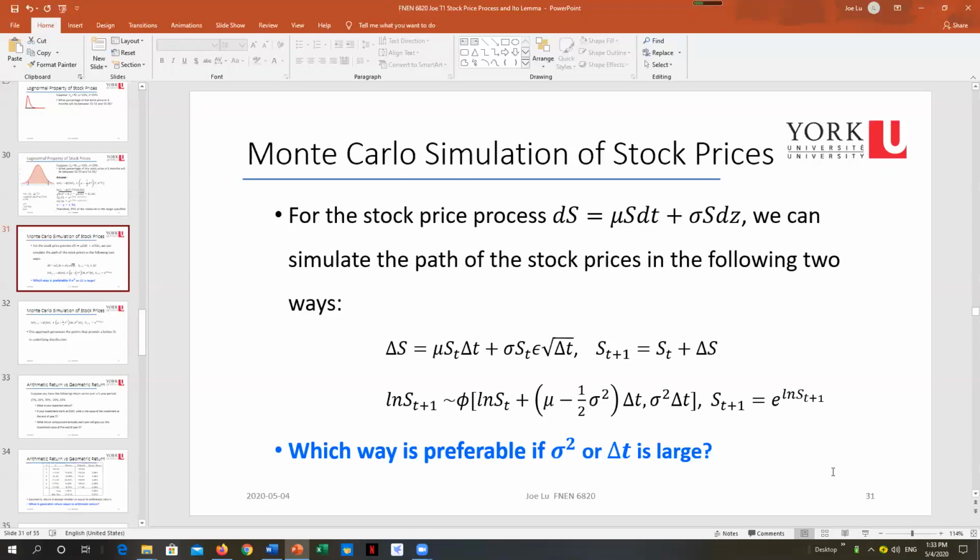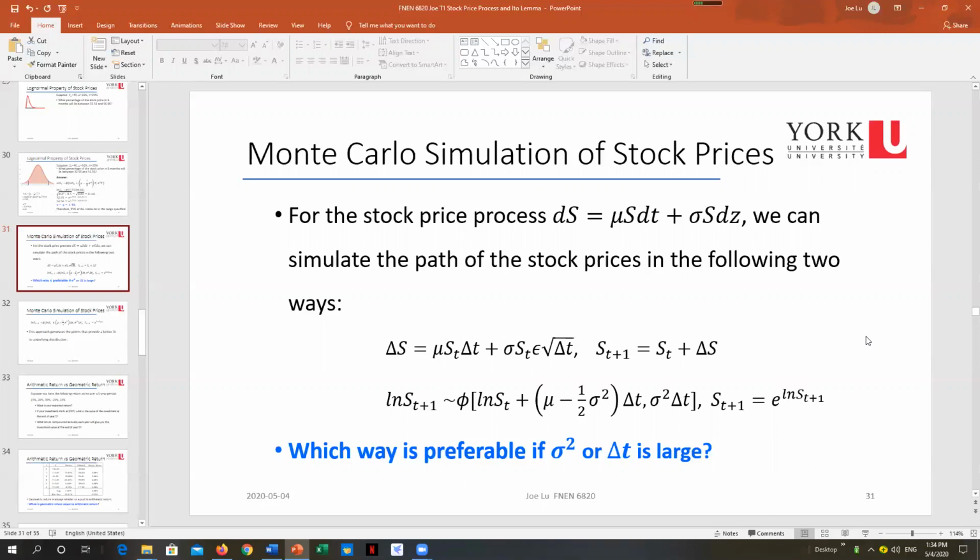Okay, so now you essentially have two different ways to generate simulated stock prices for any given initial stock price value. Which one is more preferred, particularly when you will probably have a relatively large delta t?